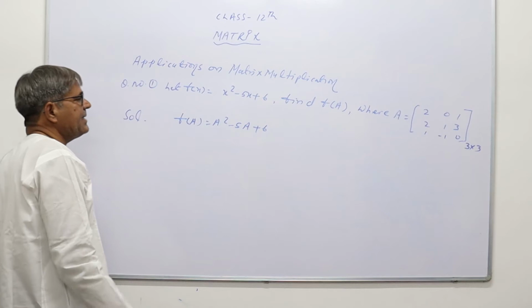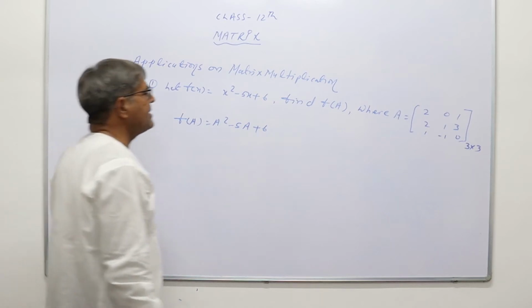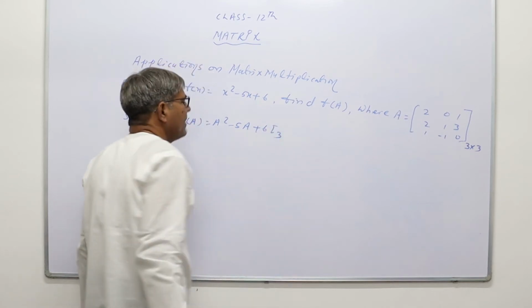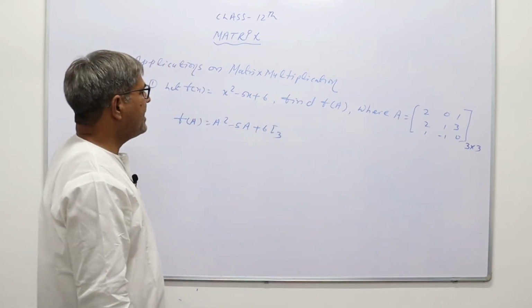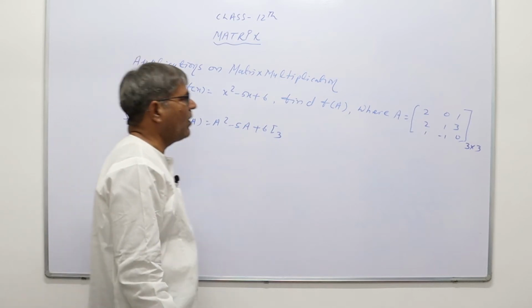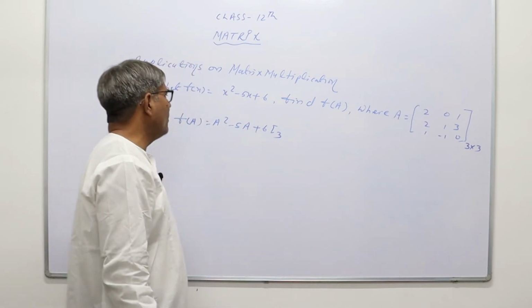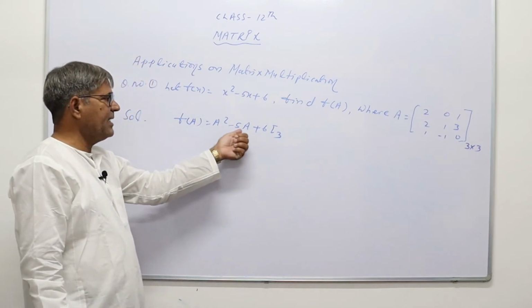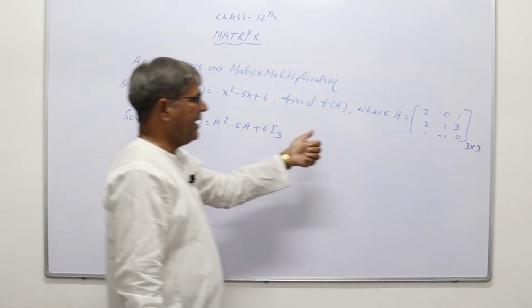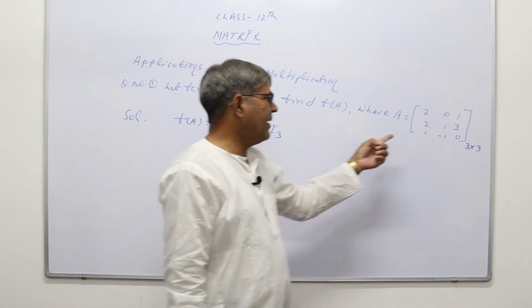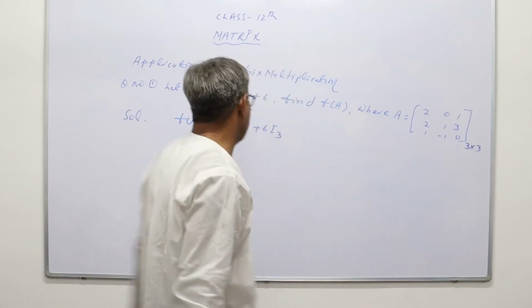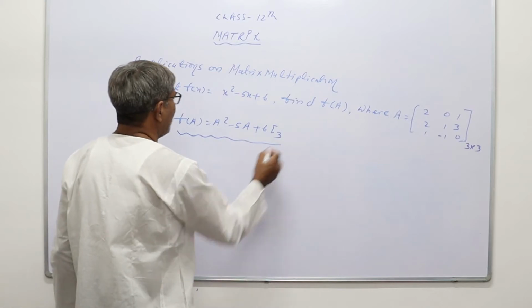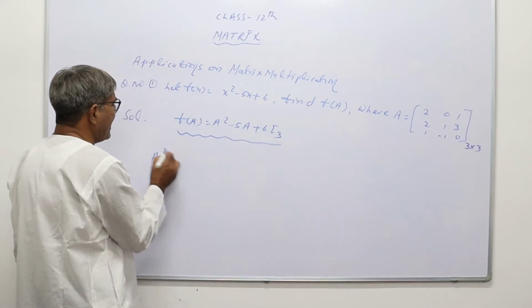Here 6 is a scalar, so we can write it as 6 into I3, because in matrix polynomial form, f(A) is A² − 5A + 6I, and here I3 because the given matrix is of order 3 by 3. Now, to solve this matrix polynomial, first of all, we will find A².